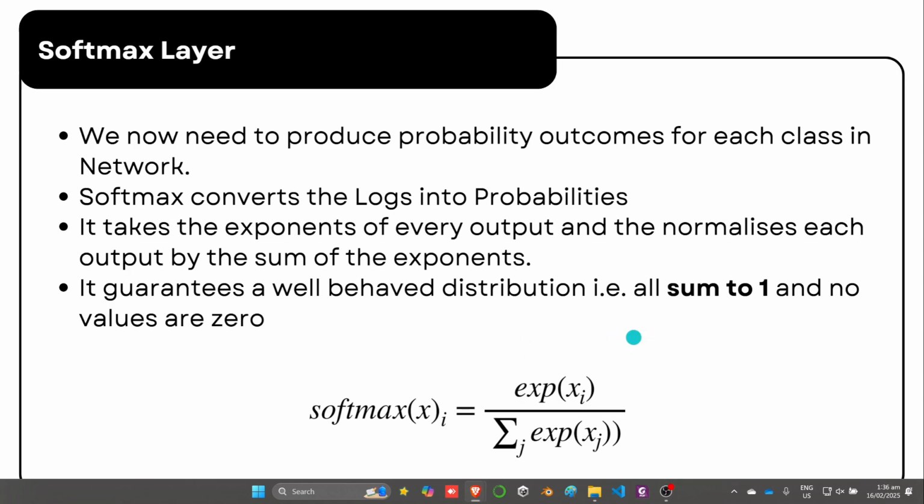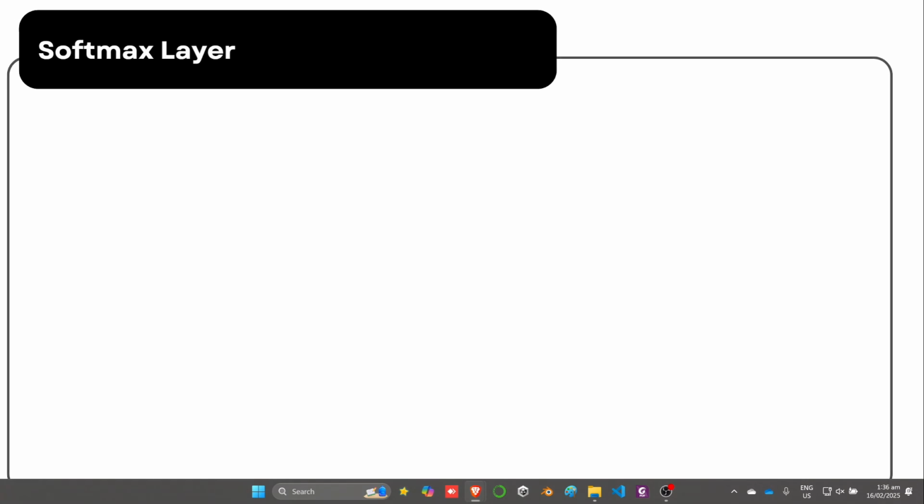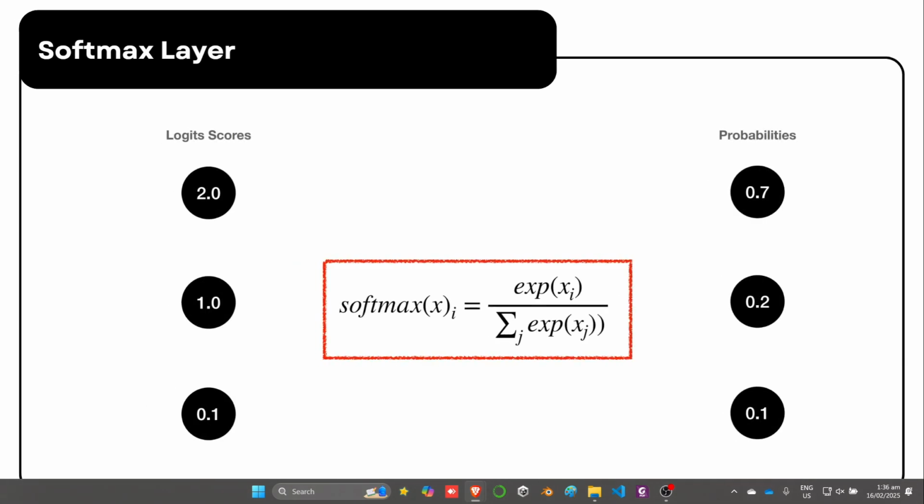So this is the mathematical formula for the softmax. Let's take a look and see how it works. So imagine that we have these scores coming from the output layers.